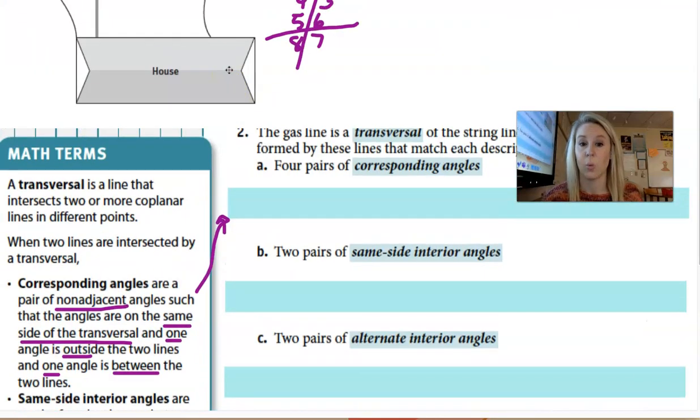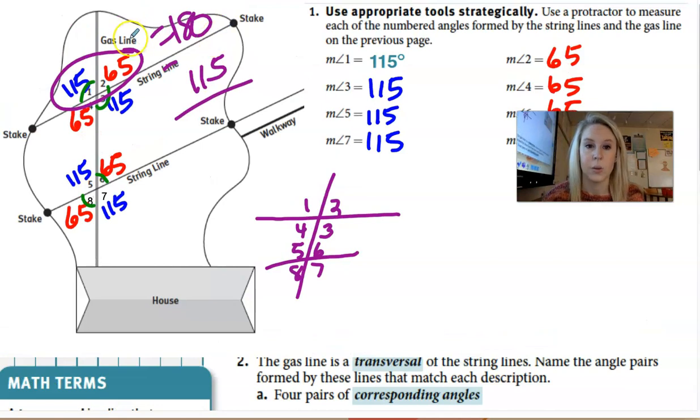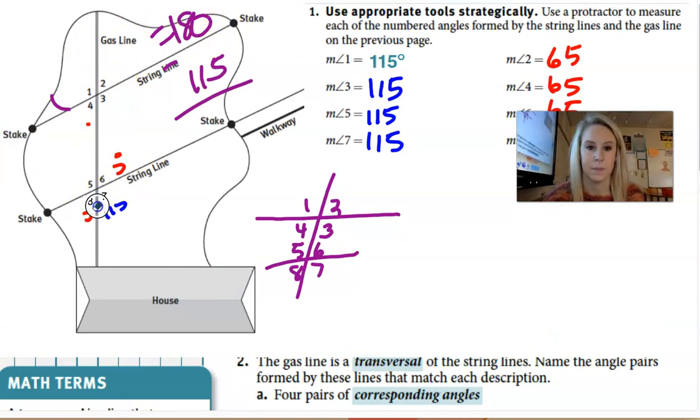So there are 4 pairs of corresponding angles. For example, I'm going to go back to my picture, let me erase this. So one example of a corresponding angle, let's start with 1. So 1 is on the left side of my transversal, so they've got to be on the same side, so I'm either looking at the numbers 1, 4, 5, or 8. And then one has to be on the inside of the parallel lines, and one has to be on the outside.